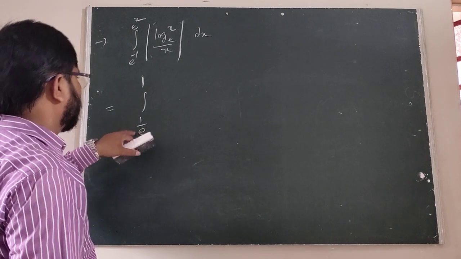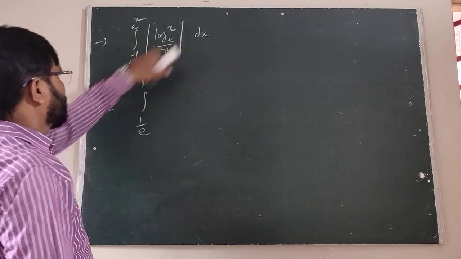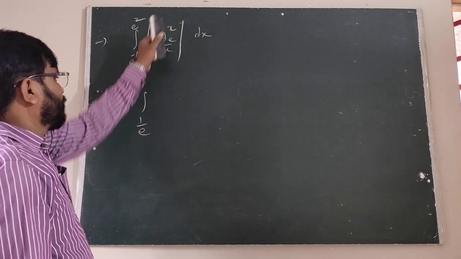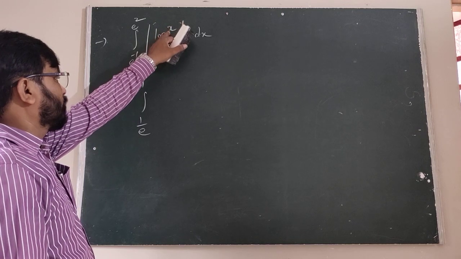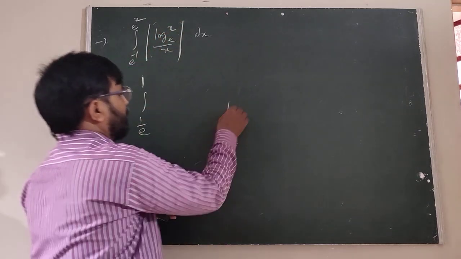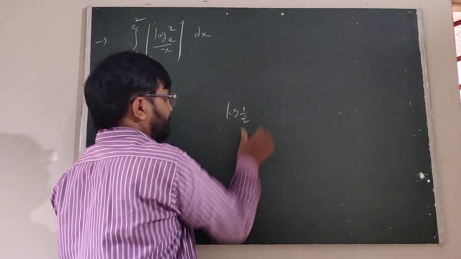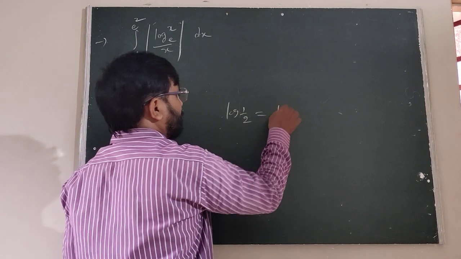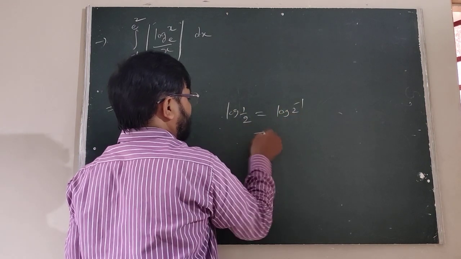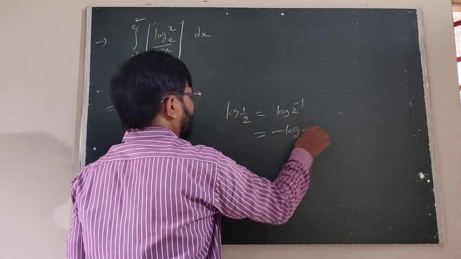From 1 by e to 1, log 1 is 0. For values before 1, suppose we take 1 by 2, log of 1 by 2 is undoubtedly a negative value, since log of 2 power minus 1 is minus of log 2.